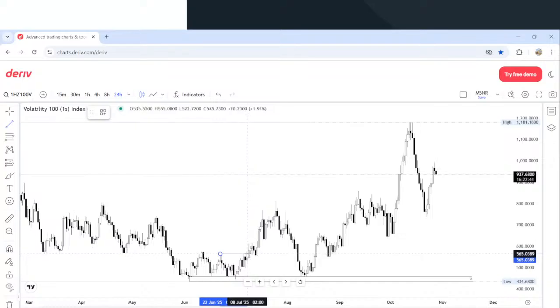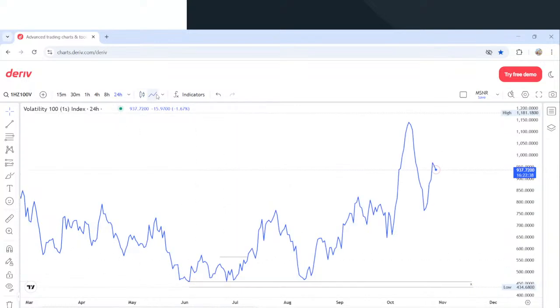Some things don't show what you want to see; you just have to figure out what's going on. If you look at this one, this is a right break of structure because there was a retest and then the market started going up.